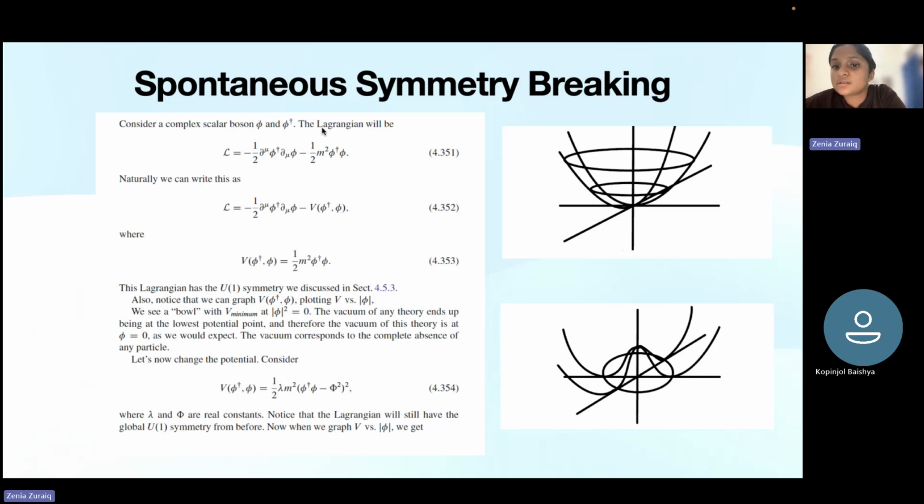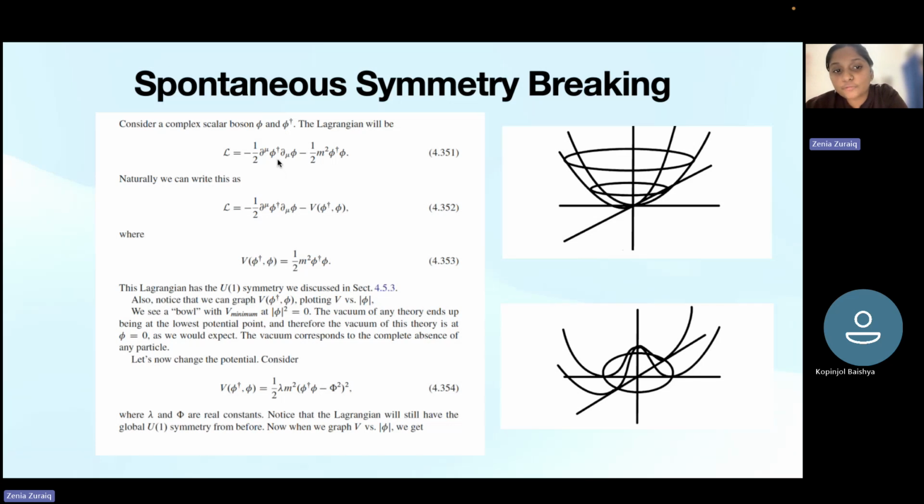We can have a mass term, but we can also have some additional terms. So now if you consider a quartic term in the potential, meaning I'm going to add a phi to the power 4 term, with a real constant, notice that the Lagrangian still has a global U1 symmetry.